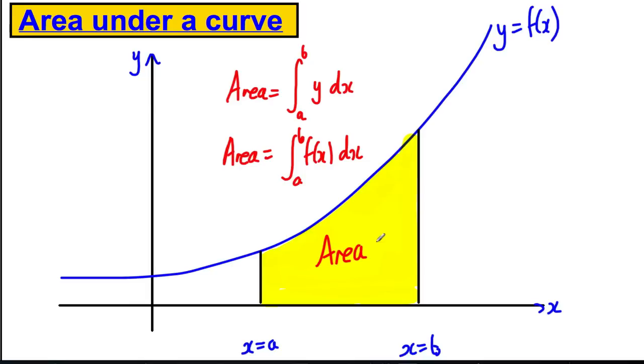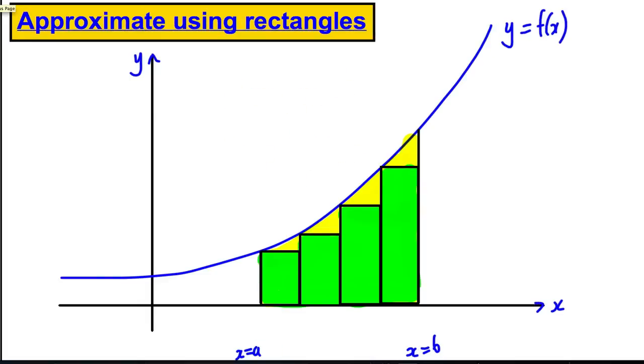Now, suppose we were not able to integrate this function, y or f of x. Suppose we didn't know the integral and we were using estimates to try and find this area. The first thing you might decide to do is, instead of integrating using calculus, split the interval between x is a and x is b up into, let's say, 4 rectangles or more, and work out the area of those rectangles.